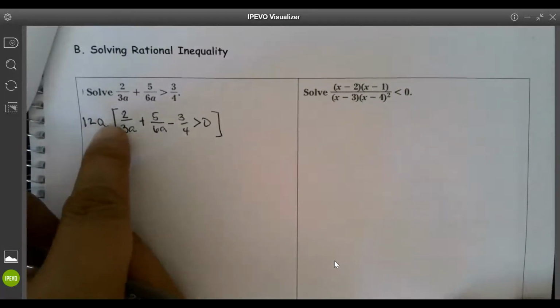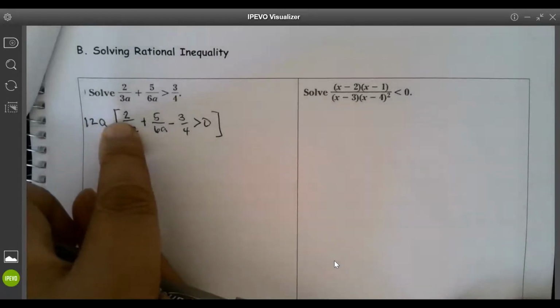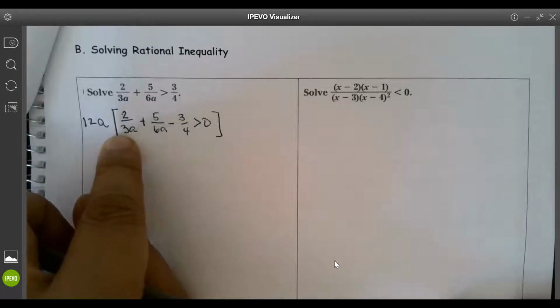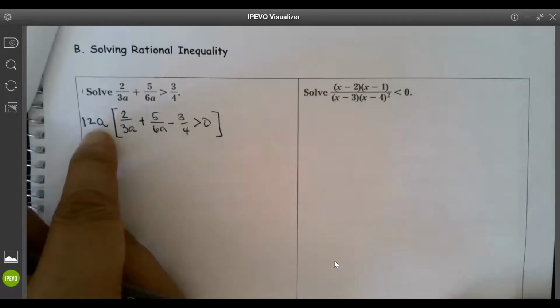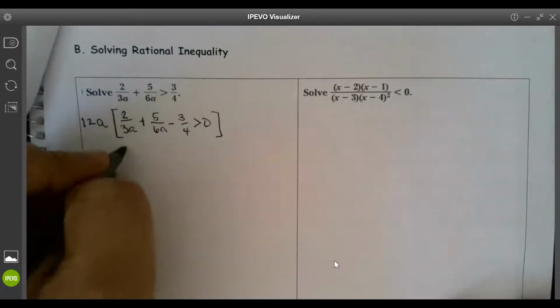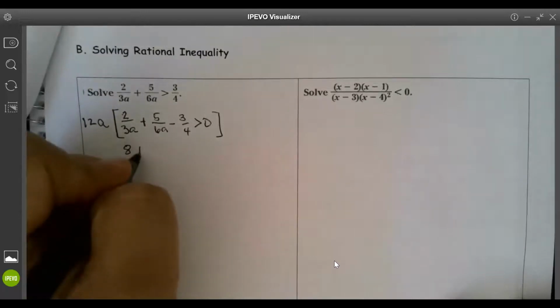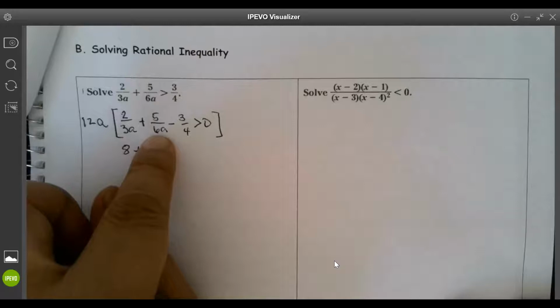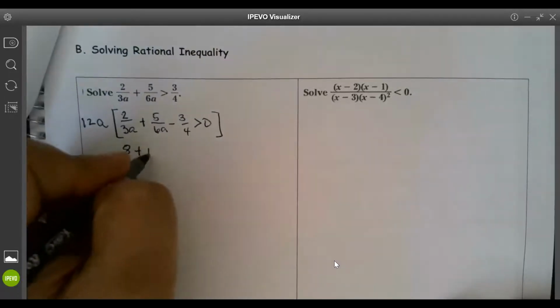So 12A times 2 is 24A divided by 3 is equal to 8. Or I can divide first: 12A divided by 3A is 4 times 2, you have 8. Plus 12A divided by 6A is 2 times 5 is 10.